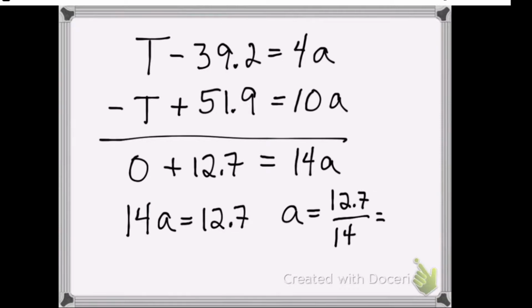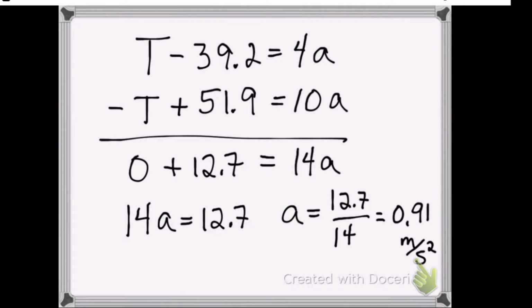So 12.7 divided by 14 is equal to, the calculator says, 0.9071. We're going to round this off to 2 decimal places. So this is going to end up being 0.91, and that will be in meters per second squared because it's an acceleration. So we know the acceleration is 0.91 meters per second squared.